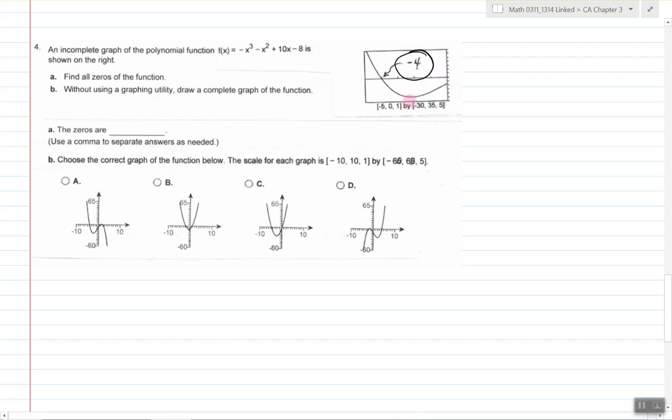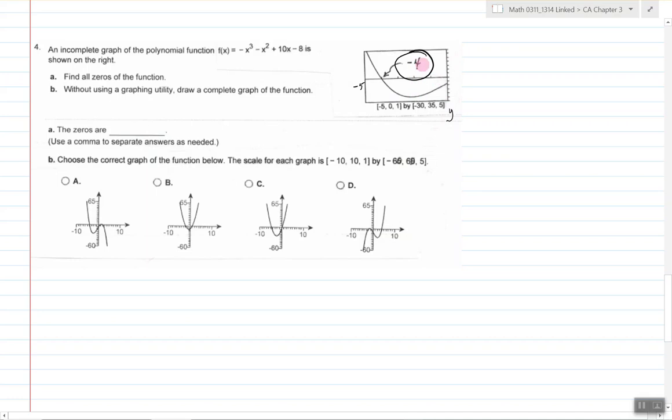You could have counted, it says it's going in the x's from negative 5 to 0. So you have to read these to see. And if this is negative 5, then this is negative 4, negative 3, negative 2, negative 1, and 0. So this is the y-axis. And the y's went from negative 35 up to positive 35. So this is a little piece of the graph.